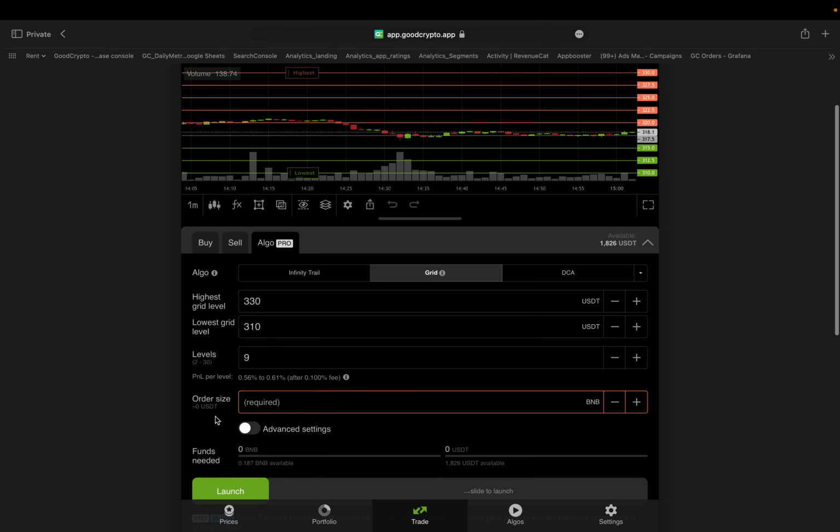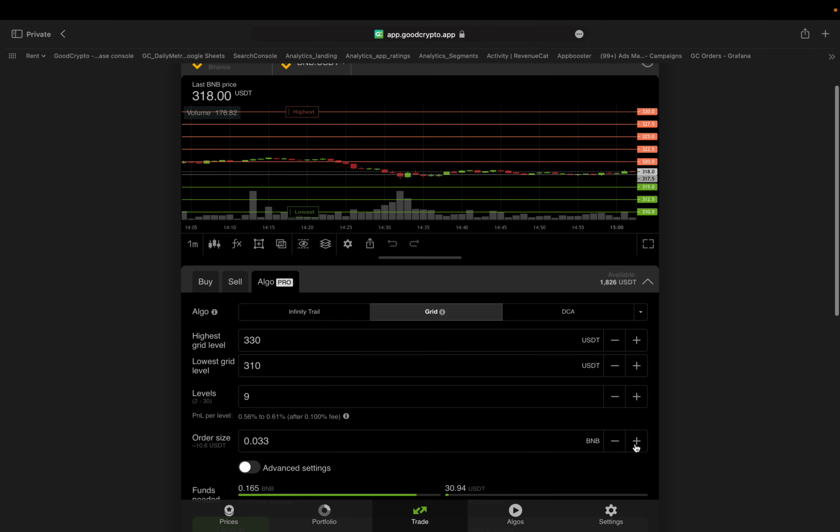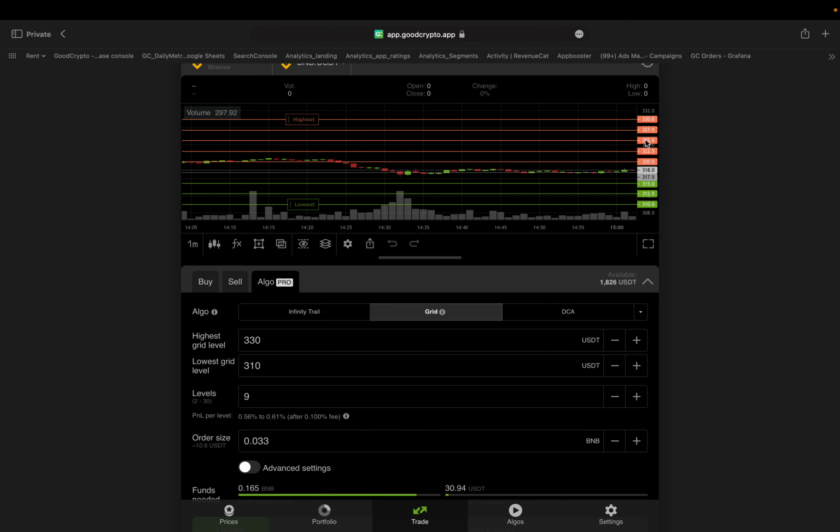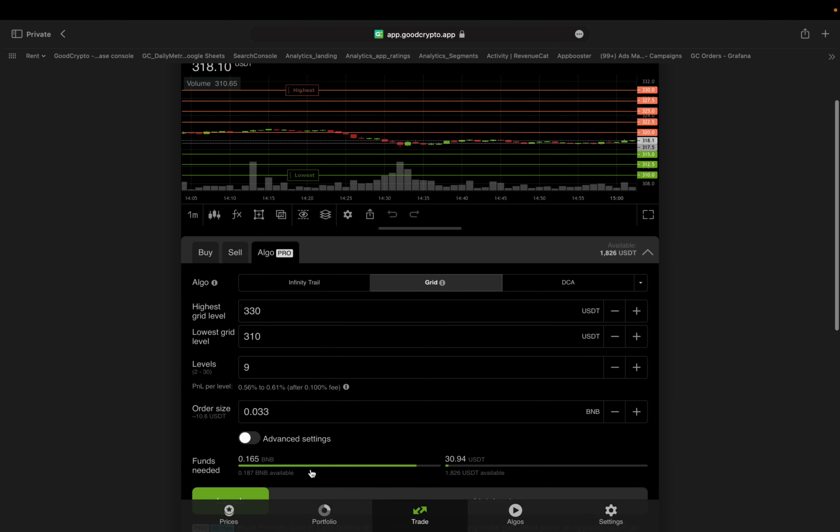let's go here. The next field is order size, which is kind of self-explanatory. The only thing to remember is that this order size is going to stay the same. You choose one order size, and that size will be used at all the grid levels, which will send buy and sell orders of the size you choose here.